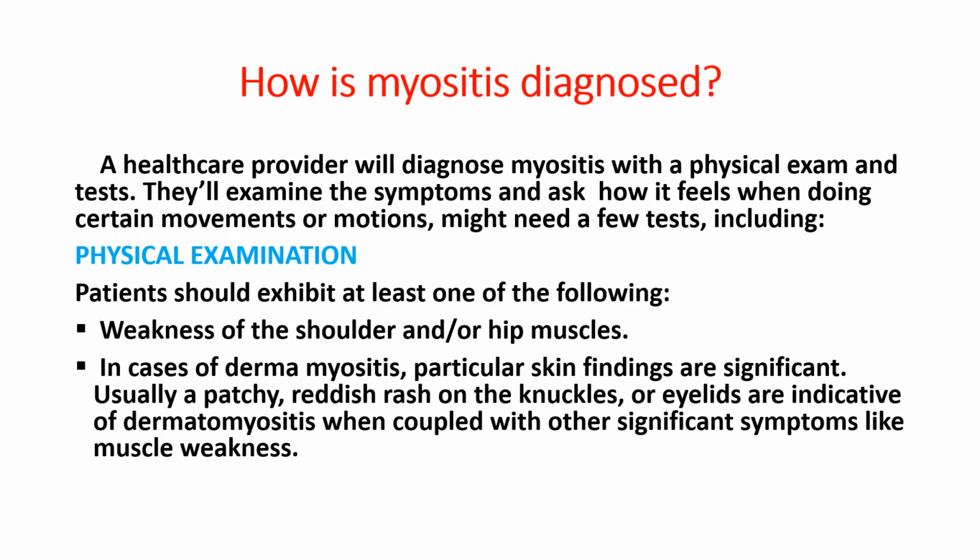How is myositis diagnosed? The healthcare provider will diagnose myositis with a physical exam, where the patient may exhibit weakness of the shoulder or hip muscles. In case of dermatomyositis, skin findings such as a patchy reddish rash on the knuckles or eyelids are indicative of dermatomyositis.